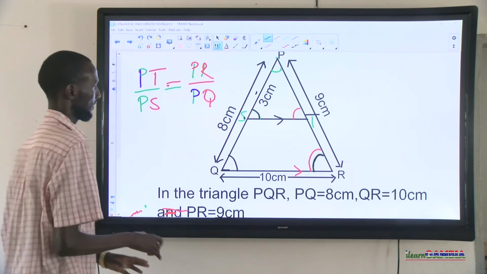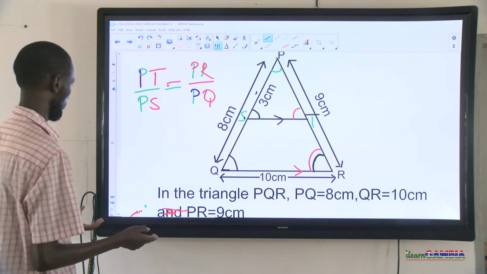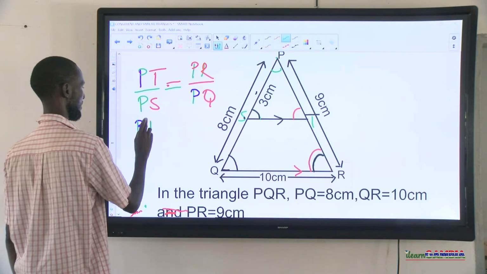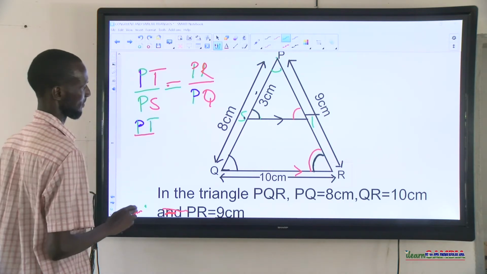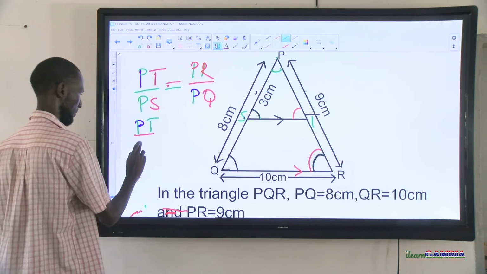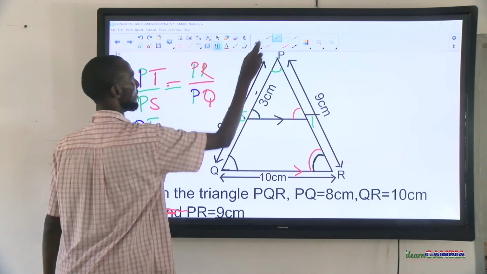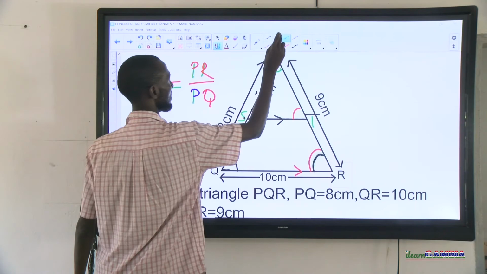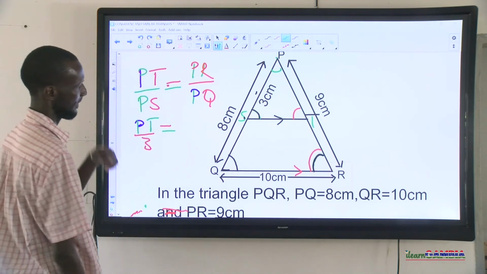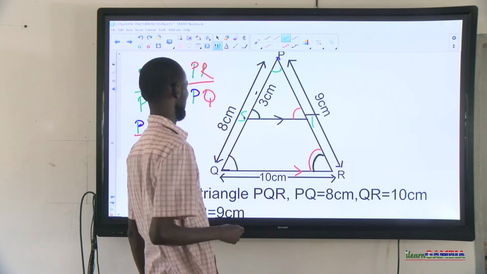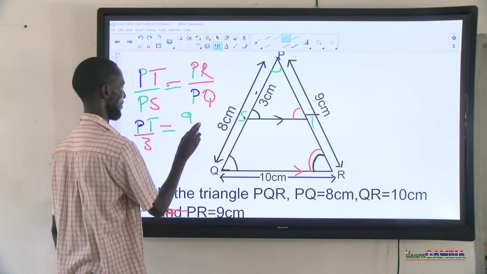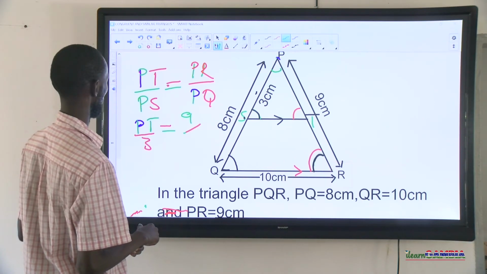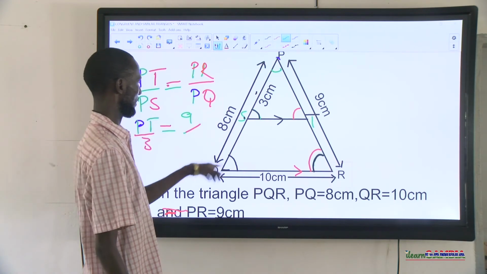Okay, now let's fix the numbers in. PT is not known, so you can still keep writing PT because we don't know the length of PT yet. PT over PS is 3, so you can put 3 here. PS is 3. That equals PR, that is this length here, which is 9. So you get 9 there, over PQ, and PQ is 8 centimeters.